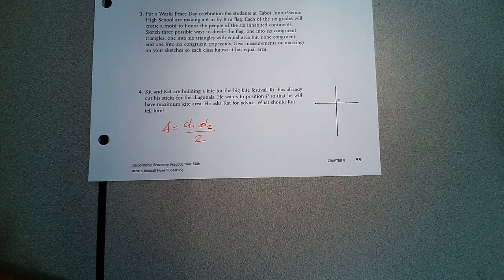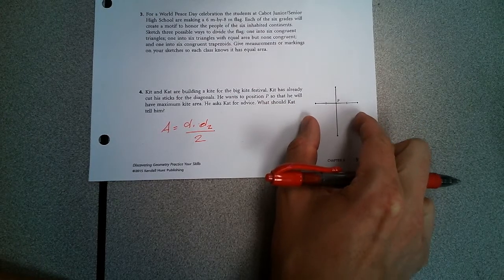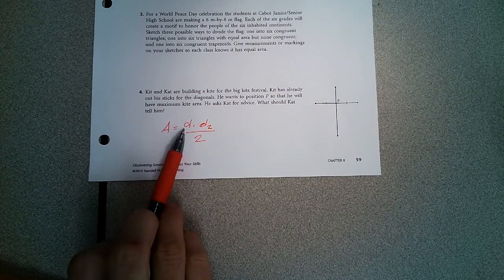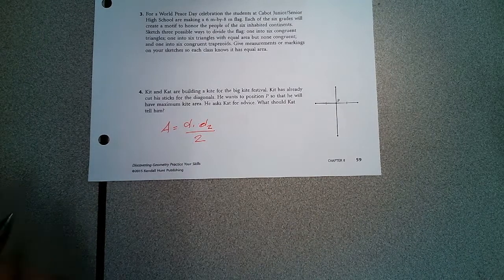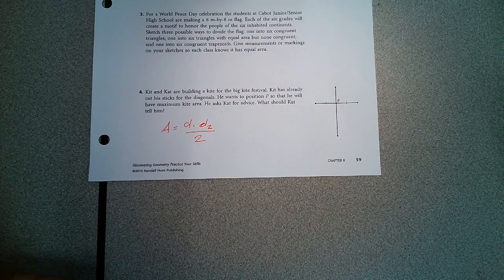And so once you have the diagonal lengths already in place, it doesn't matter where you would position this diagonal along the first one. The area won't change because the area is dependent on the diagonal length. So Kat should essentially tell him that once you cut your diagonals, the area is going to be constant. The area won't change at that point.